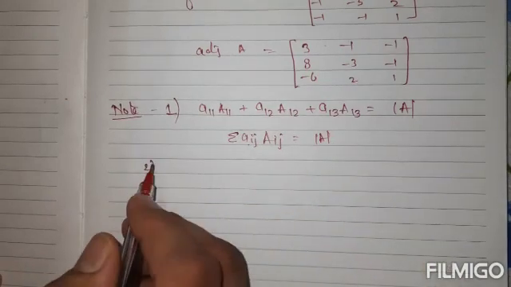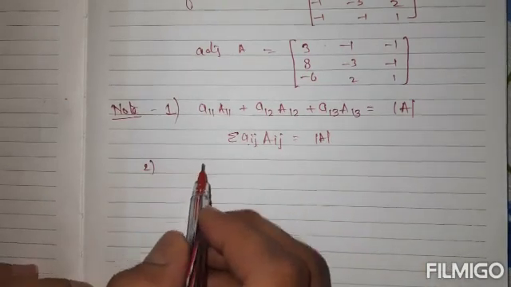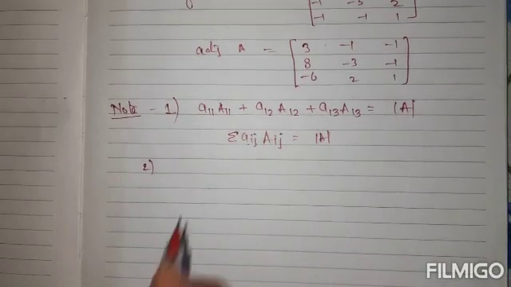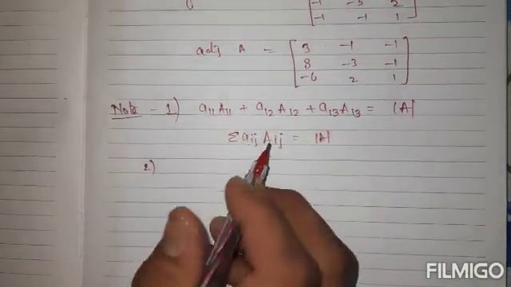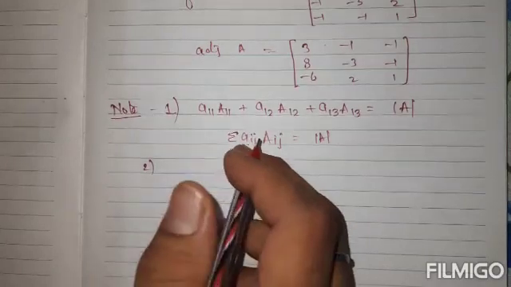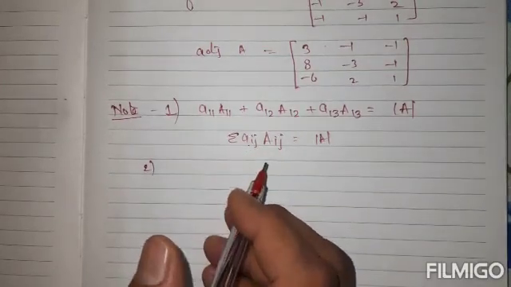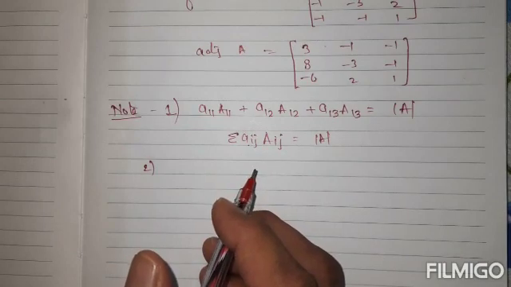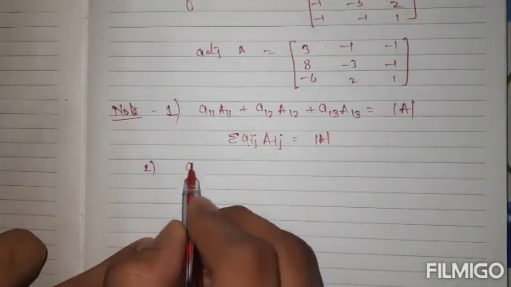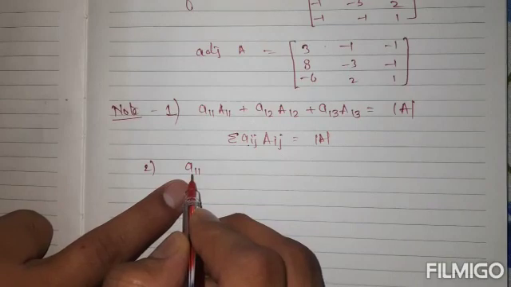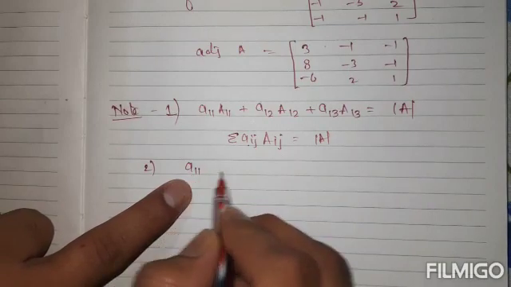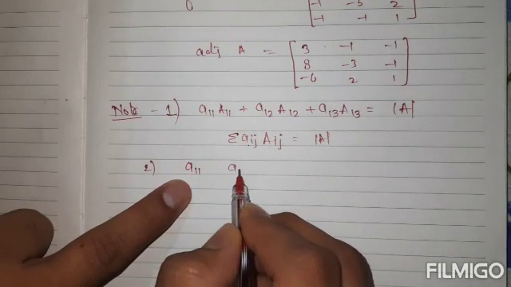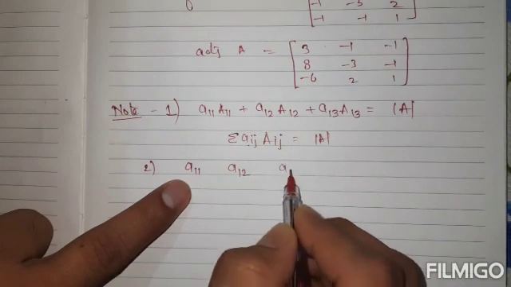Second note is this one, that you have to keep in mind that the sum of products of elements of any row or column with the corresponding cofactors of other row or column is always 0. Suppose this is the first element of first row, this is the second element, third element of first row.